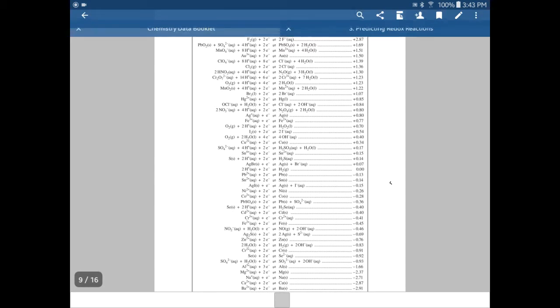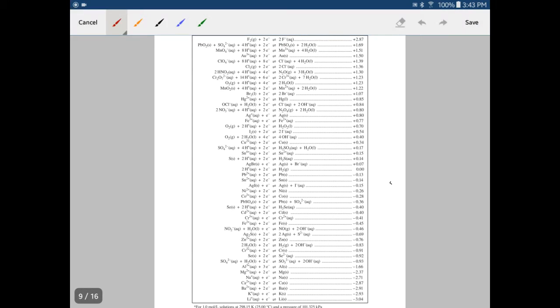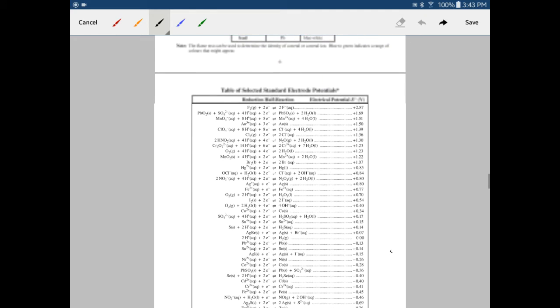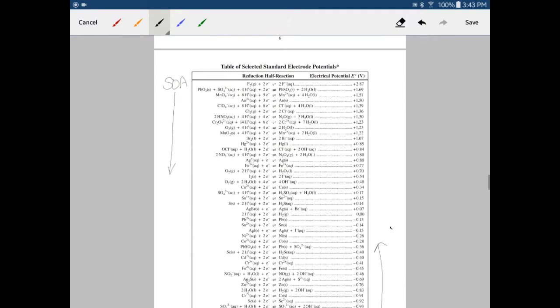One thing I would do first off when I'm looking at this data booklet is I would write down that my SOA is up in this top corner, nice big writing, and it goes down decreasing in strength, and my SRA is in this bottom right corner and increasing in strength as we go up the table this way.